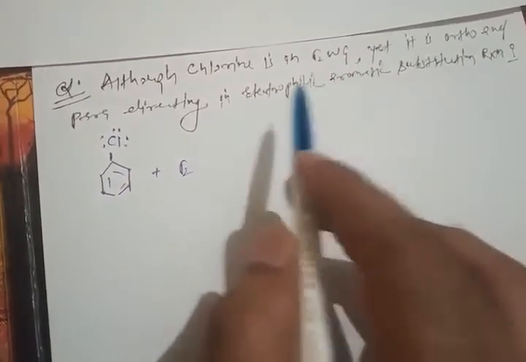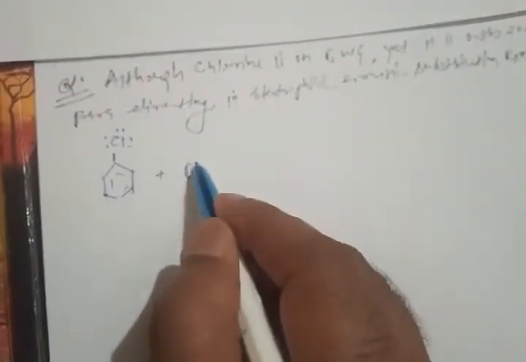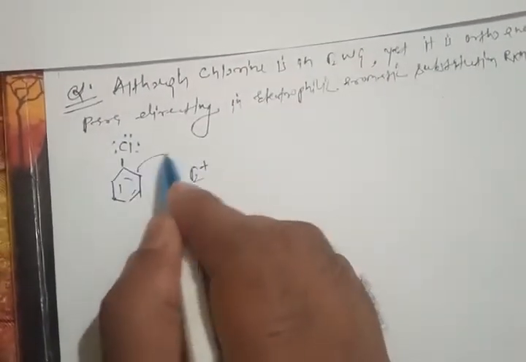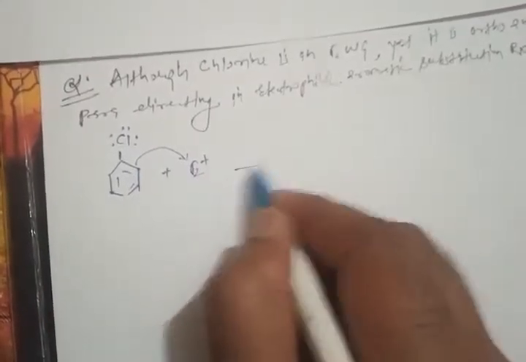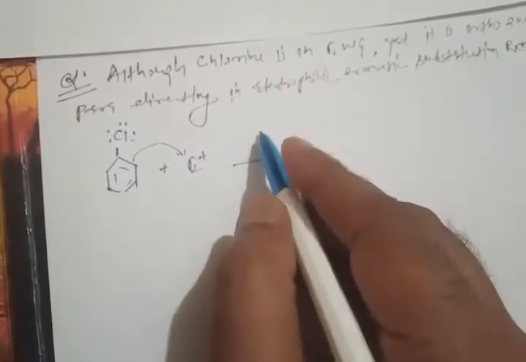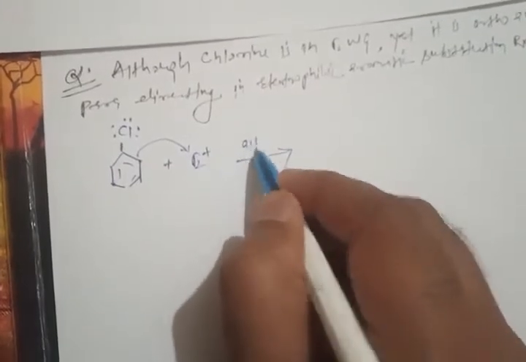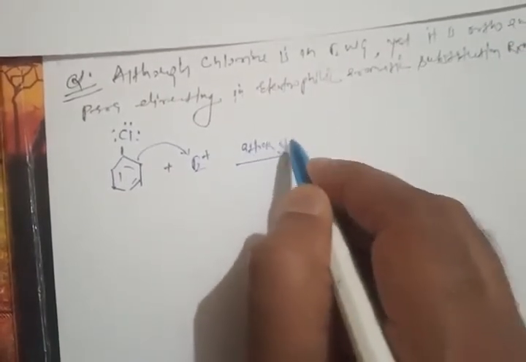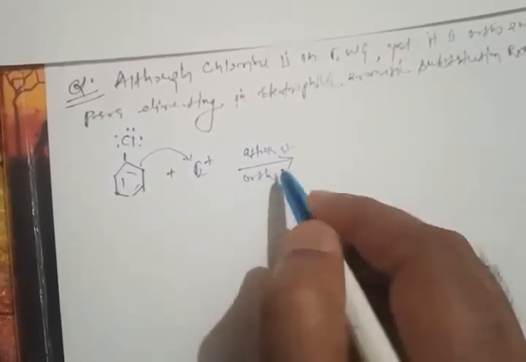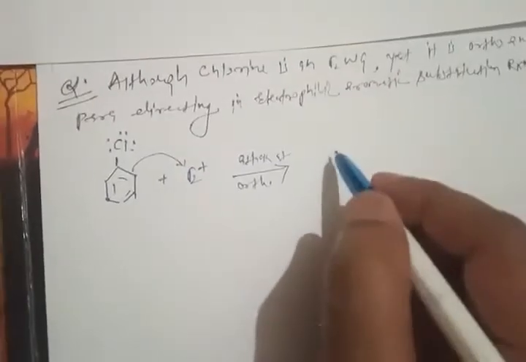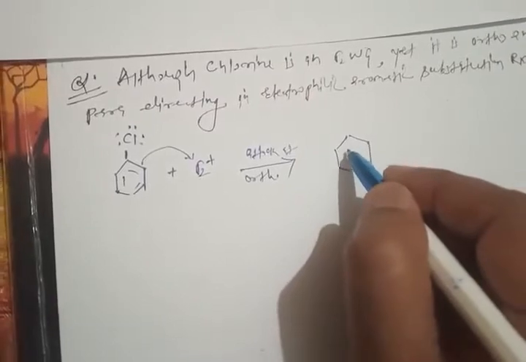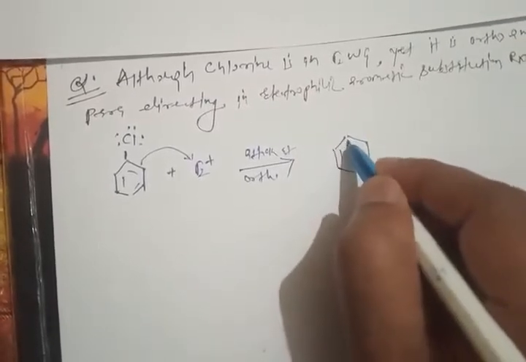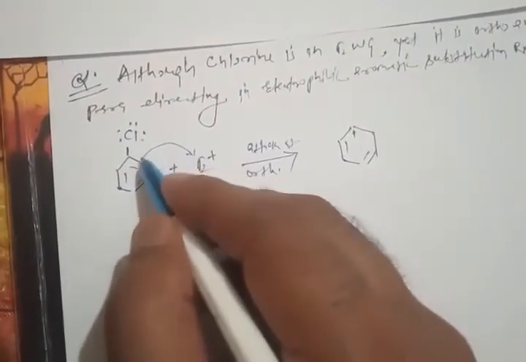This is a special case of electrophilic aromatic substitution. What happens is that this pi electron will attack here, this is the ortho position. So this is attack at the ortho position. This will give you a positive charge here, because the direction of the electron is here.